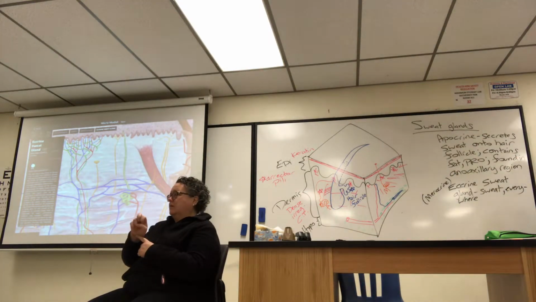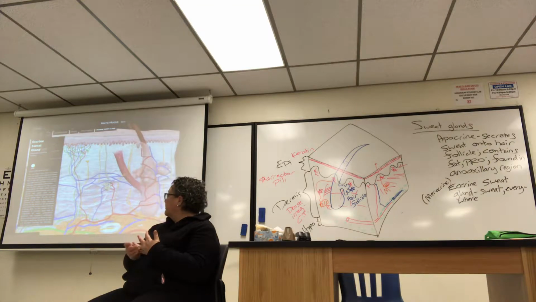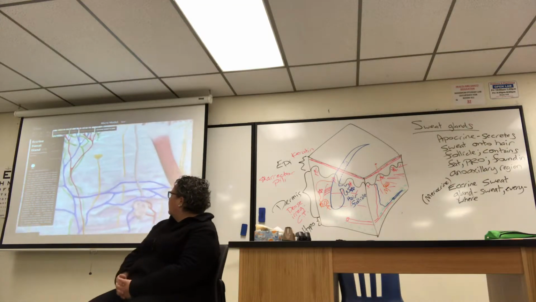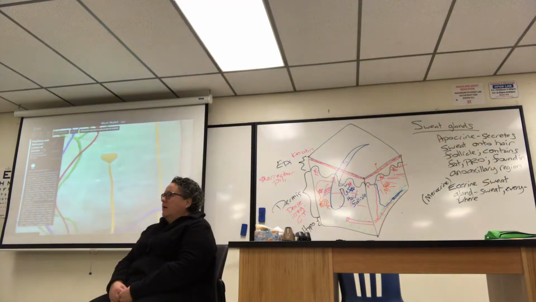In addition to the sweat glands, the nerve endings are usually in the dermal layer. You usually see them pictured here. I'm going to zoom in on this one.